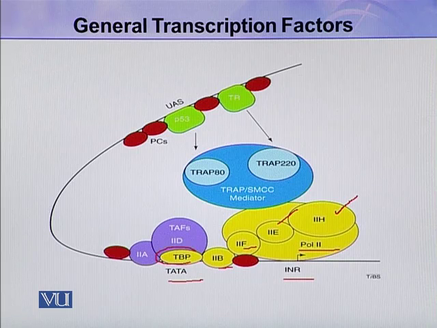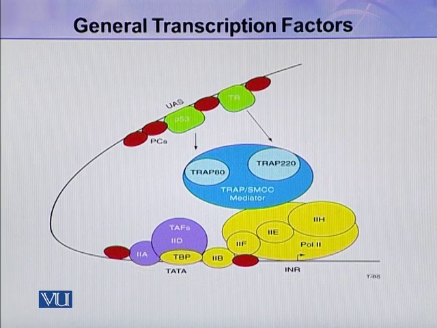This one is TBP, which binds to the TATA region, and this is the mediator complex. This one is TF2A, this one is TF2D. So there are many transcription factors which are involved in the formation of the pre-initiation complex.